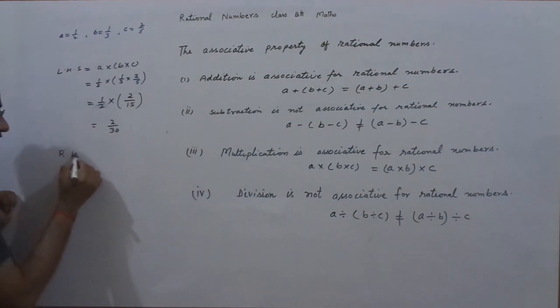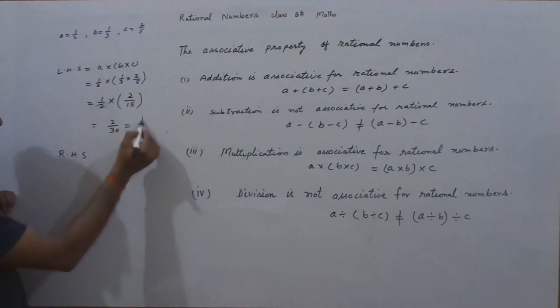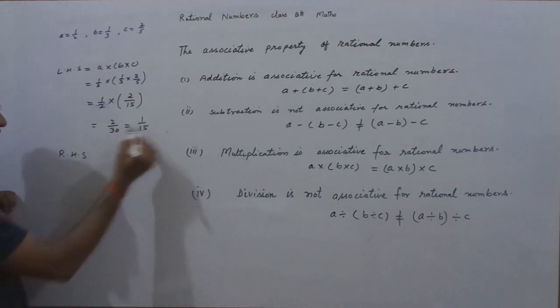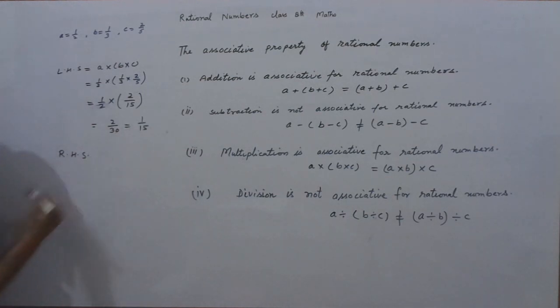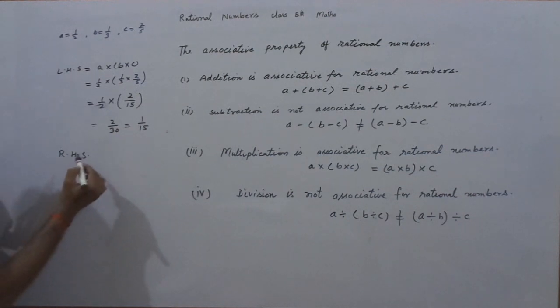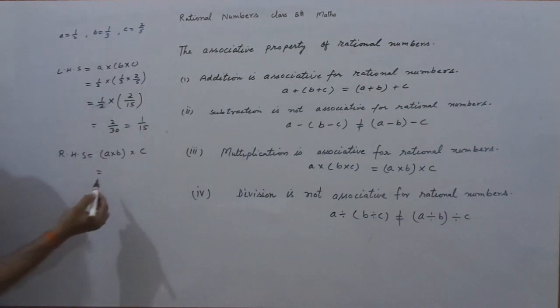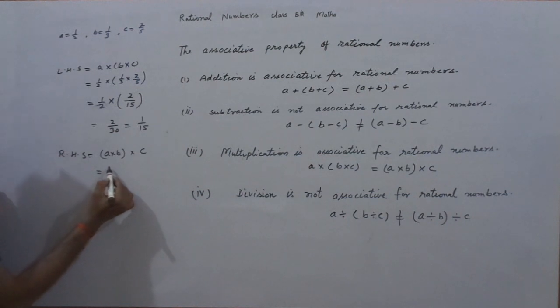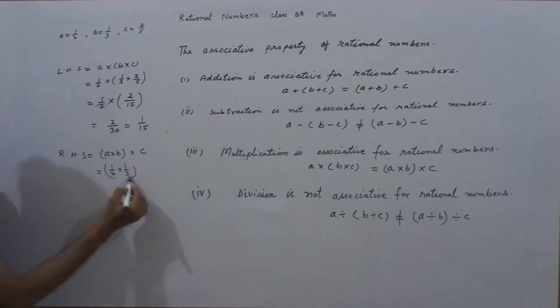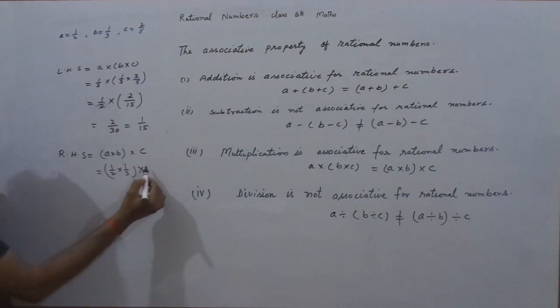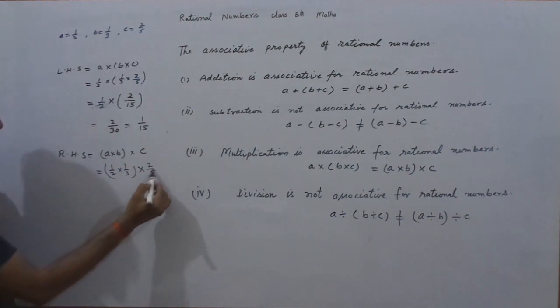Now taking the right hand side, the left hand side can also be written as 1 upon 15. Right hand side, it is (a × b) × c. Putting the values of a and b and c, we get (1 upon 2 × 1 upon 3) × 2 upon 5.